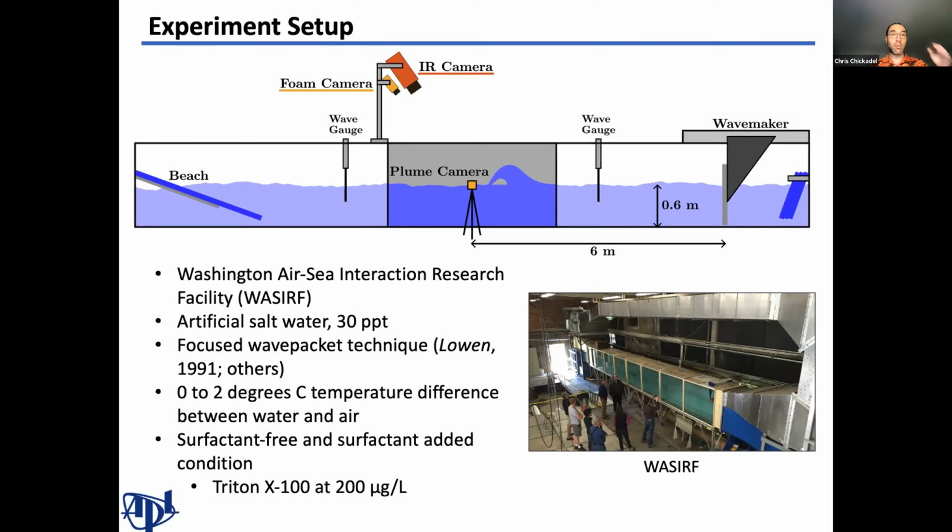And we varied the surfactant concentration; in this case, I'm going to show just no surfactants and, like Adrian Callahan had used in his laboratory experiments, a roughly moderate productivity region in the ocean at 200 micrograms per liter of Triton X100.